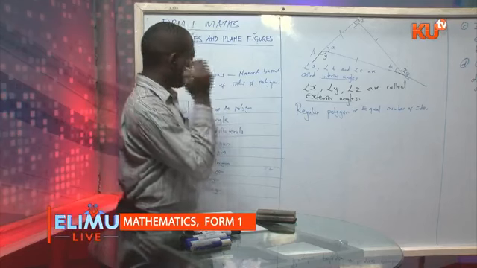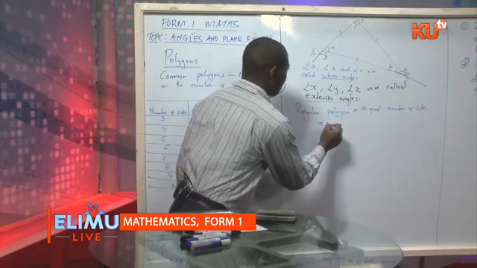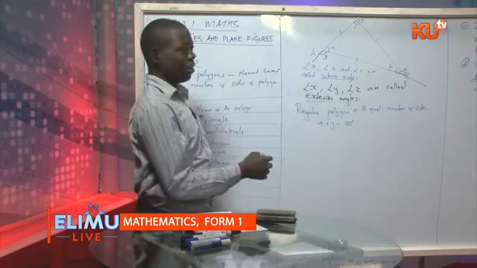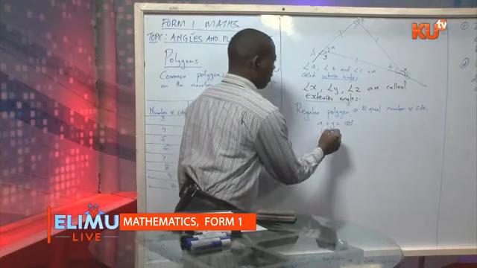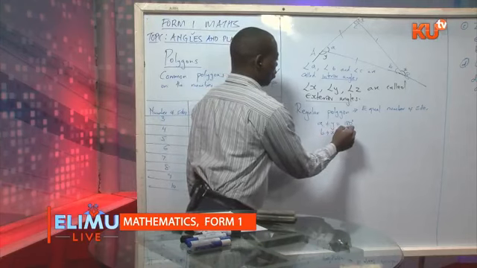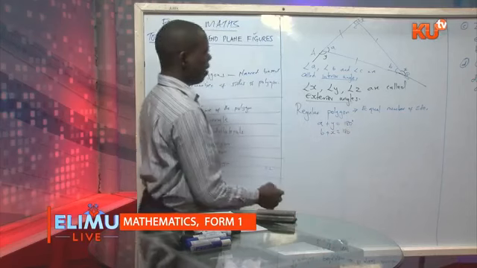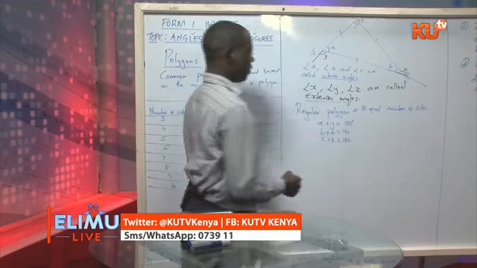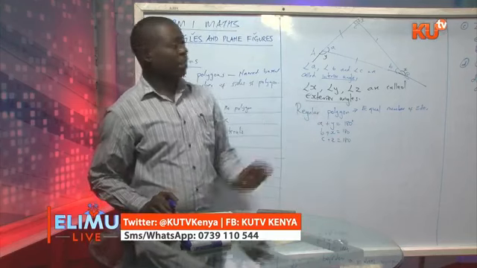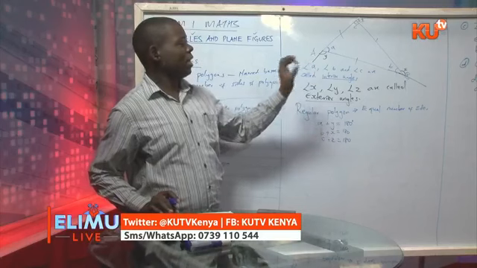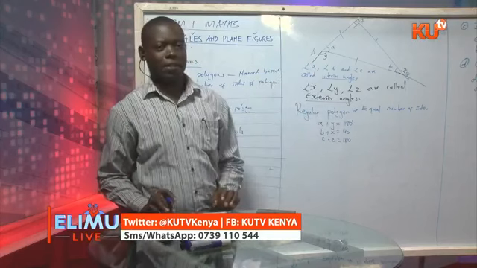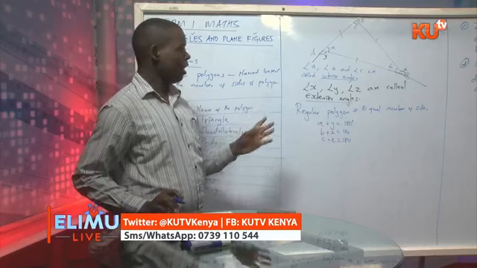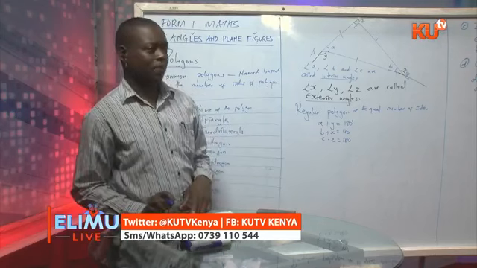So it means, therefore, that angle A plus angle Y is 180 degrees. Equally, angle B plus angle X is 180 degrees. Angle C plus angle Z is 180 degrees. This is based on the numbering of A, B, C, and X, Y, and Z. But the question is, in terms of interior and exterior, how do we now explain these two cases?